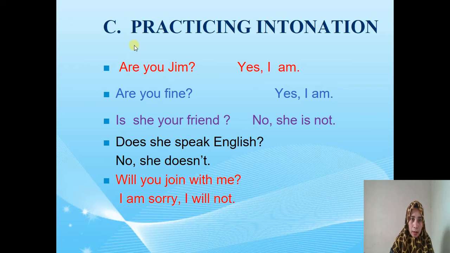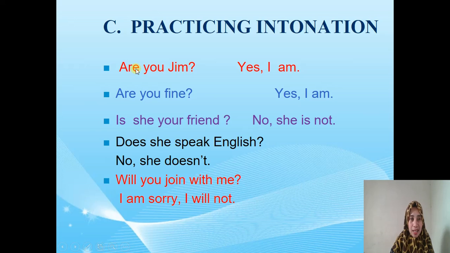How do we practice this sentence, with rising or falling intonation?